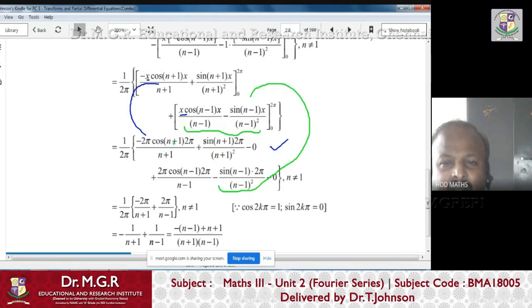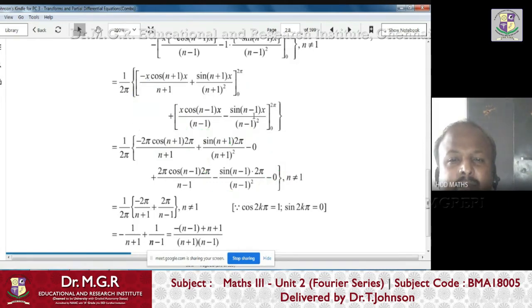Here n plus 1 2 pi, here n minus 1 2 pi. Okay, so after substituting the limits, we have to put the values for cos. You already know cos n pi is minus 1 the whole power n.